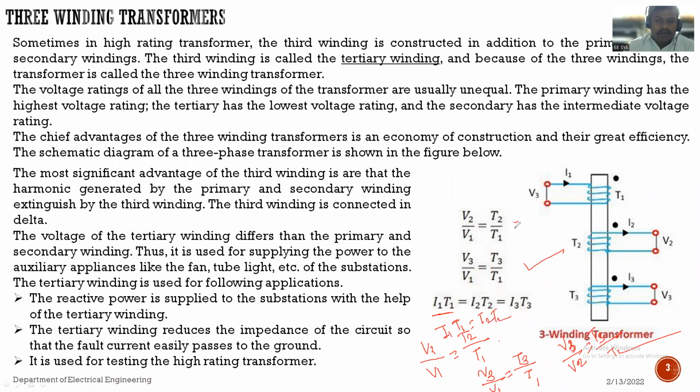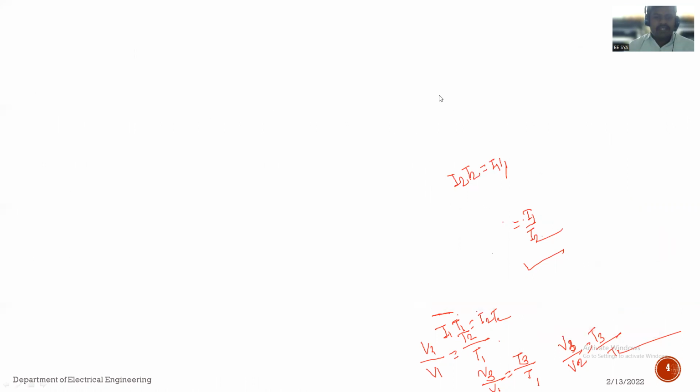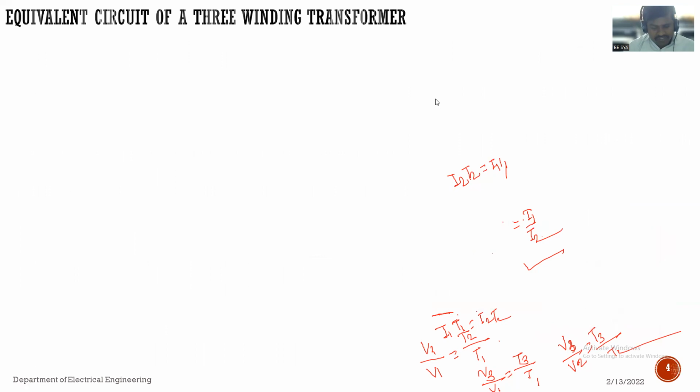Do you know that T2 divided by T1 equals I1 divided by I2? If we do the cross multiplication, that means I2 into T2 equals I1 into T1, right? So I1 into T1 equals I2 into T2, like that I3 into T3. Okay, so this is the turns ratio formula, or we can call it the transformation ratio of the three winding transformer.